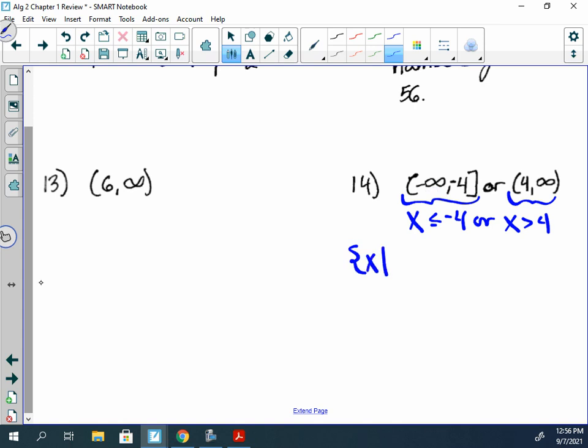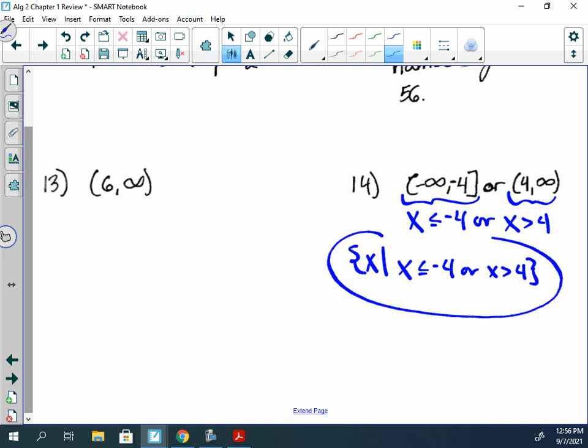Now we can go on and start the set builder notation. Because it is an interval, we're talking about the set of all real numbers, such that x is less than or equal to negative 4, or x is greater than 4, and that is it.